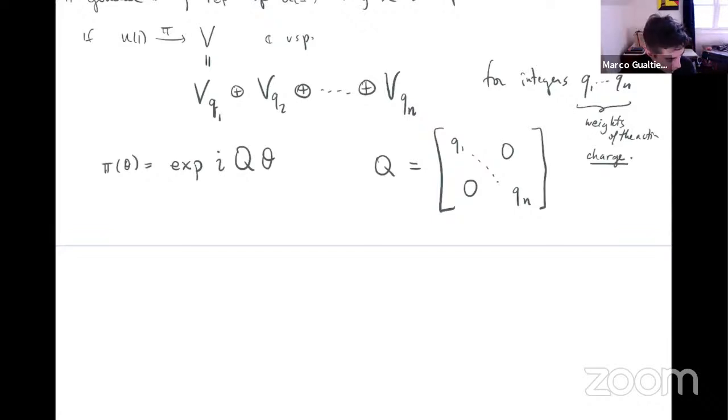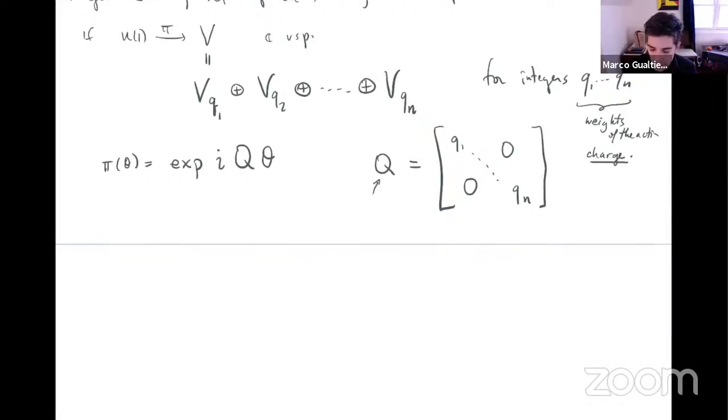This is the matrix of charges. And this is the charge operator. Notice that it's self-adjoint, which means that it's an observable. As we talk about it all the time, the charge, it's observable.